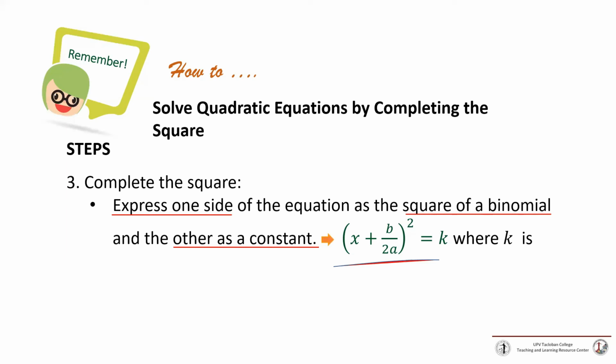That is now your left side, and your constant is formed by negative c over a plus b over 2a squared, because we just added the square of b over 2a. So the value on the right side becomes negative c over a plus the square of b over 2a.